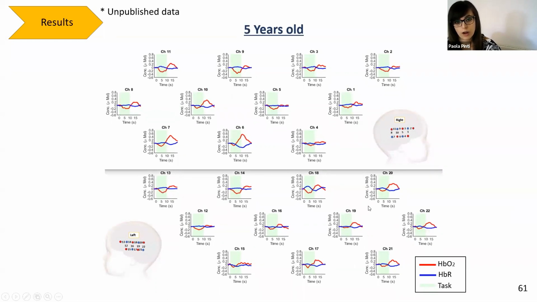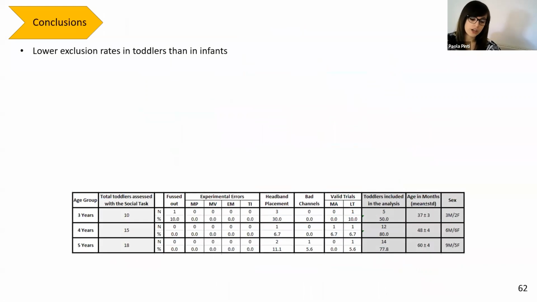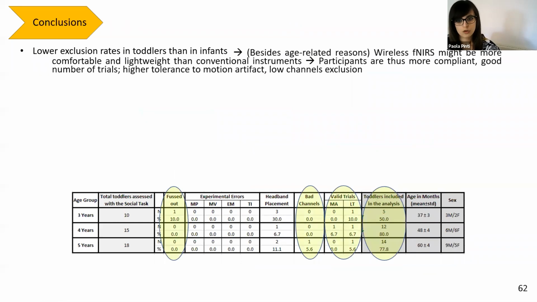Of course, we could not run any stats so far due to insufficient sample size at this stage. So to conclude our webinar, within this study we found that the exclusion rates are generally a little bit lower than with toddlers. Besides the obvious age-related reasons, where toddlers are more compliant, we think that the use of wireless fNIRS helped to make the system more comfortable and lightweight for the participant.